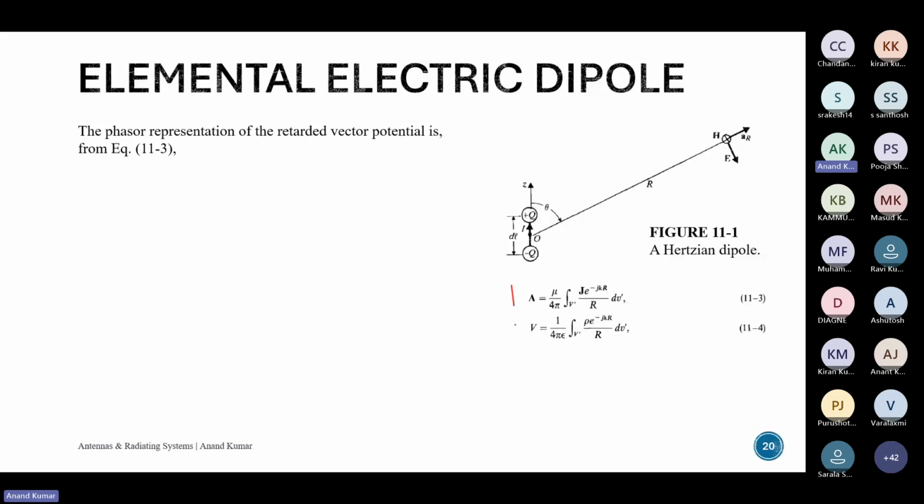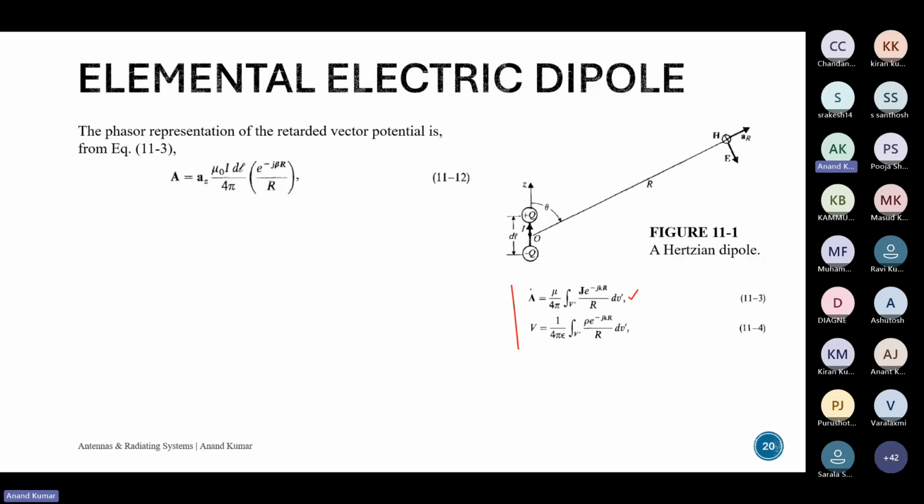I've written the expressions for A and V over here, and we'll just be needing the A part. The phasor notation for the retarded vector potential from equation 11.3 is given by this.